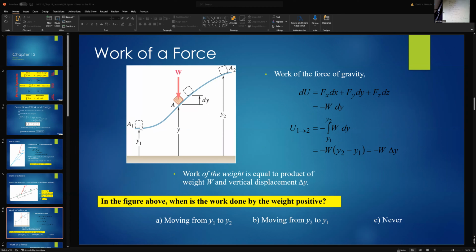So it takes input, obviously, to go uphill, whereas downhill you're gaining kinetic energy.